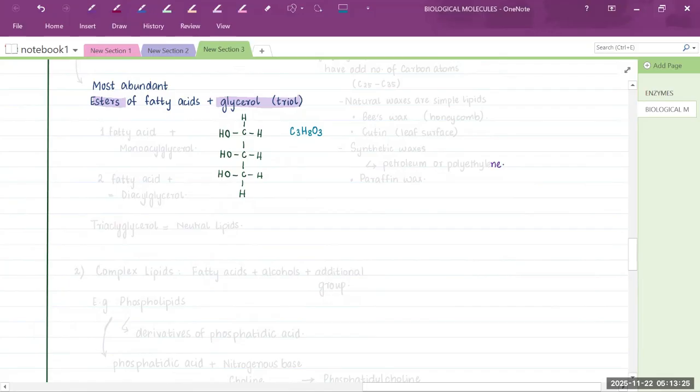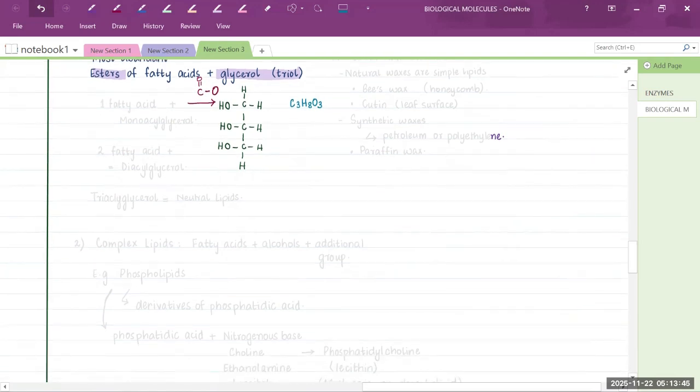If we add one fatty acid to this OH, we'll have a COO ester bond here with just one fatty acid. Then we'll get a monoacylglycerol.